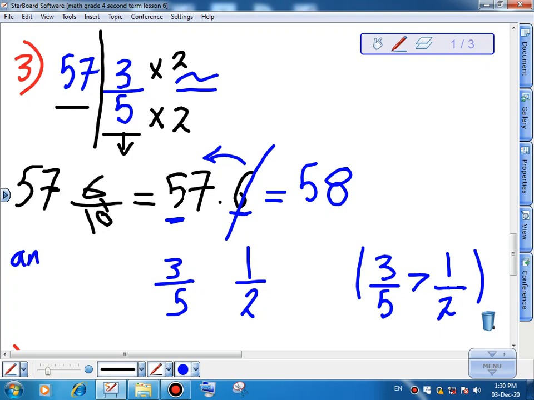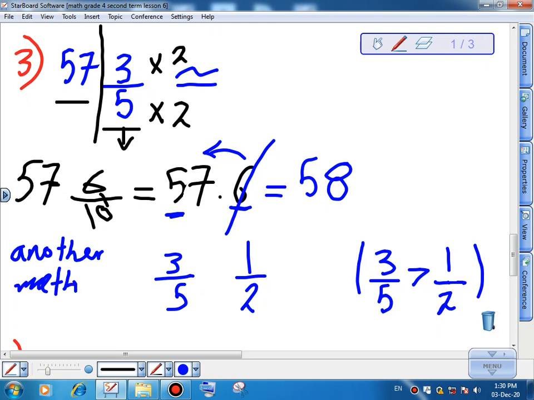Another solution, another method. If I get 3/5, I don't know if 3/5 is smaller than or greater than the half. If it's smaller than the half, it will be a weak number. Just cancel it. It will be 57 to approximate to the nearest unit.